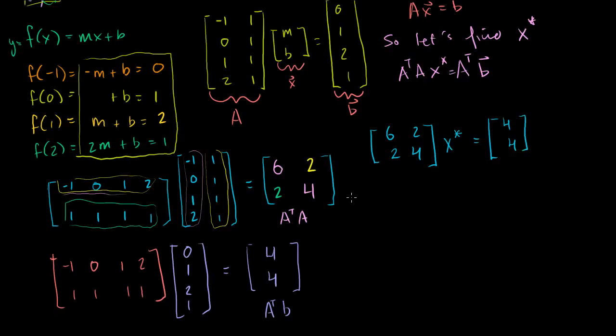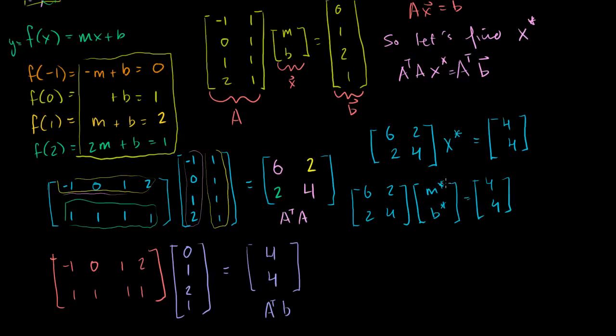We could write 6, 2, 2, 4 times our least square solution, which I'll write, remember, the first entry was m, as m star. That's our least square m. And this is our least square b, is equal to 4, 4. And I could do this as an augmented matrix, or I could just write this as a system of two unknowns, which is actually probably easier.